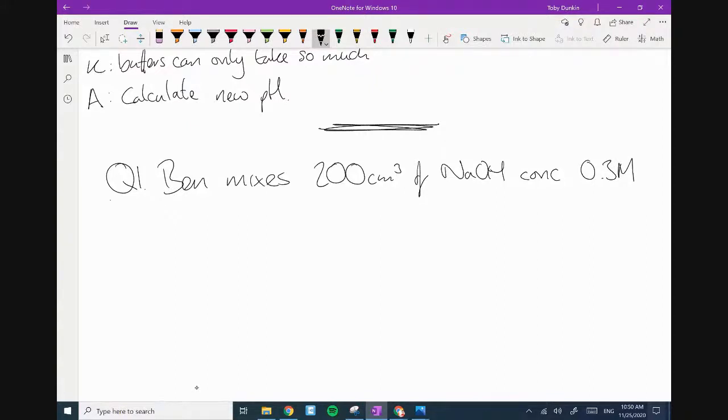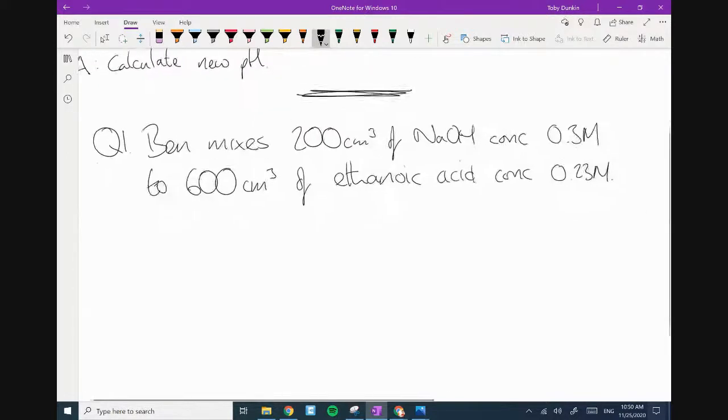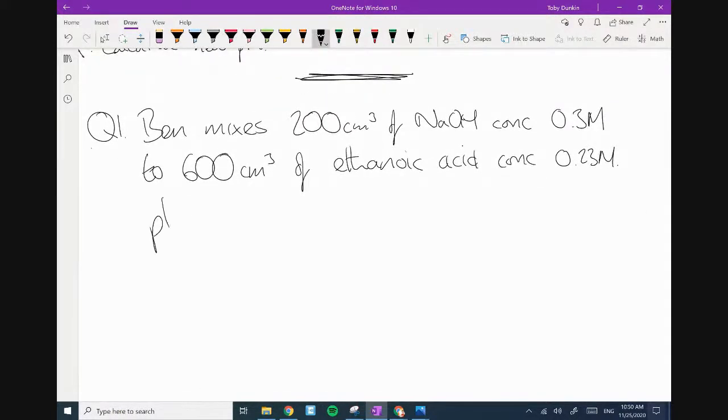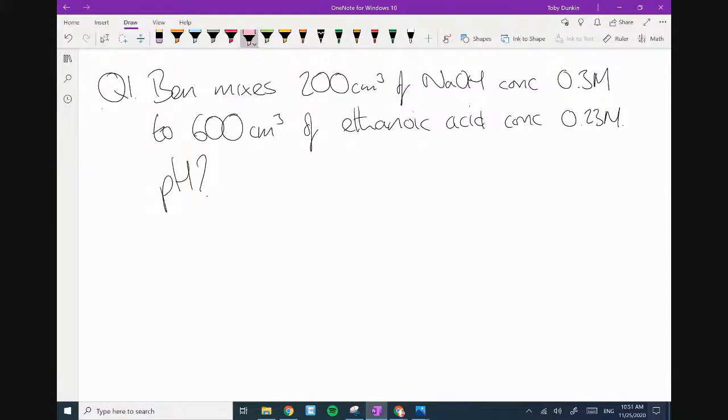Concentration 0.3 molar, to 600 cm³ of ethanoic acid, concentration 0.23 molar. Right, okay, guys. pH?